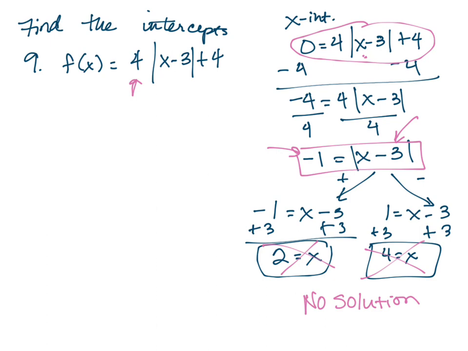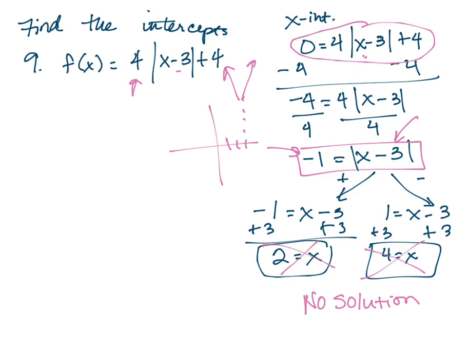You understand? So it looks like it went to the right 3, up 4, and it's skinny. I'm just guessing, but I think that's a pretty solid picture. No solution.